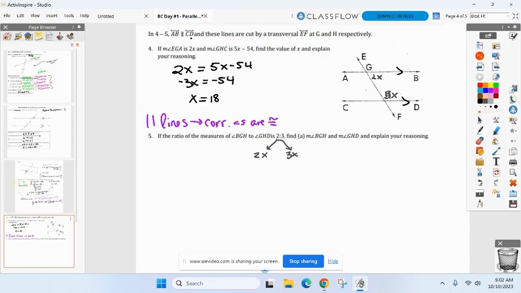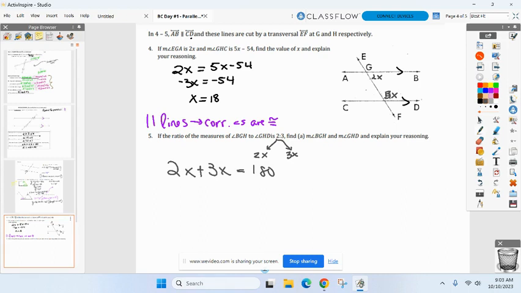2x plus 3x equals 180. Parallel lines imply the same side angles. That's 36. Good job, everyone. You're finding those are same side interior, so hopefully you're adding them together because they're supplementary and setting them equal to 180.